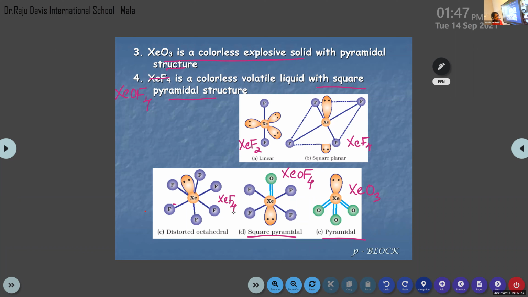So that's about the important compounds formed by the reaction of a noble gas or inert gas like xenon with oxygen and fluorine. XeF2 linear, XeF4 square planar, XeF6 distorted octahedral, then XeOF4 square pyramidal, XeO3 pyramidal.